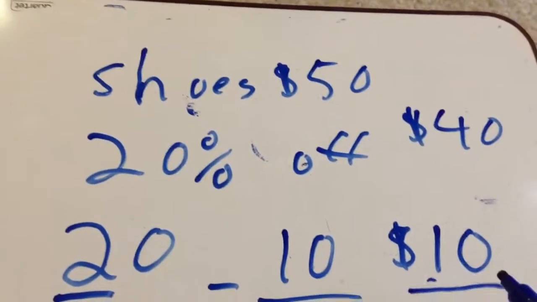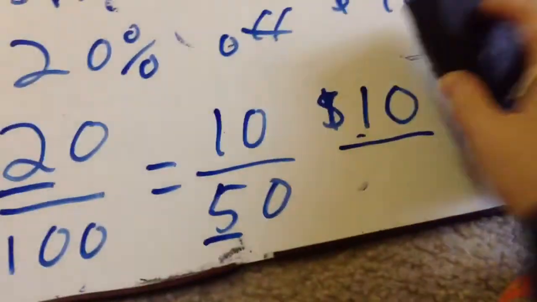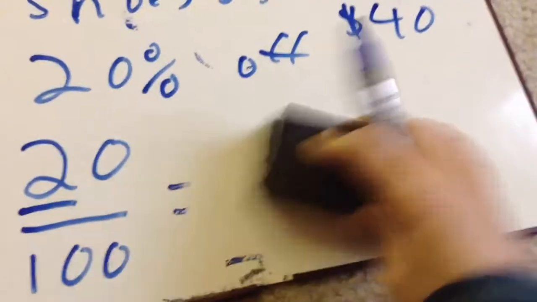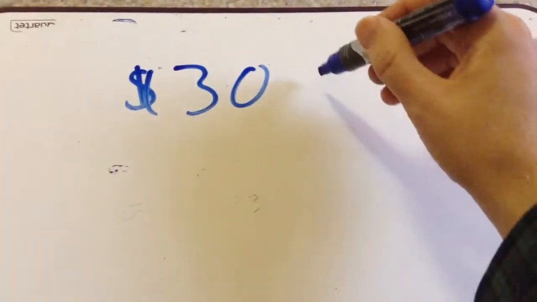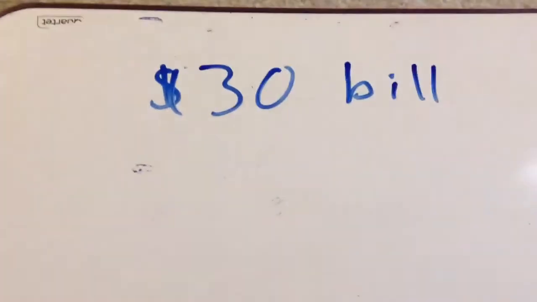Okay, let's do one more problem. Let's say you're at a restaurant, your bill is $30. So that's your restaurant bill.